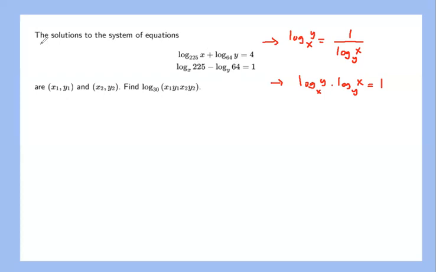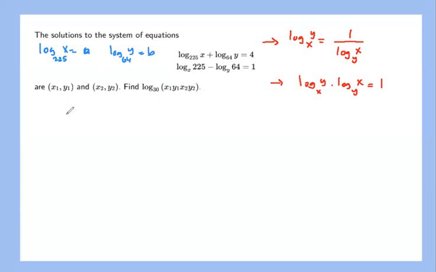So the first substitution is this logarithm base 225 of x. I'm going to call this equal to a, and then the other one, the logarithm base 64 of y, is equal to b. Okay, so let's think about this.